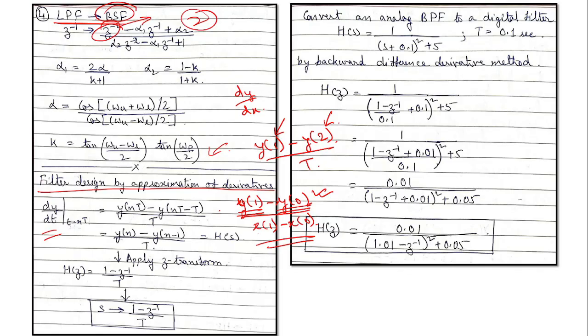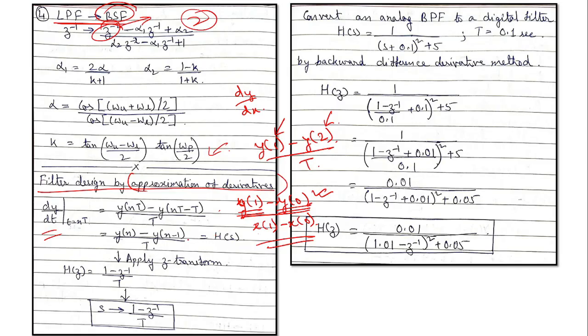However, we have seen that in signal processing we cannot use futuristic values, because in biomedical signal processing we have to deal with causal signals and systems. When we have a futuristic system, then that becomes non-causal. So in filter design by approximation of derivatives, the backward difference method is taken into account.